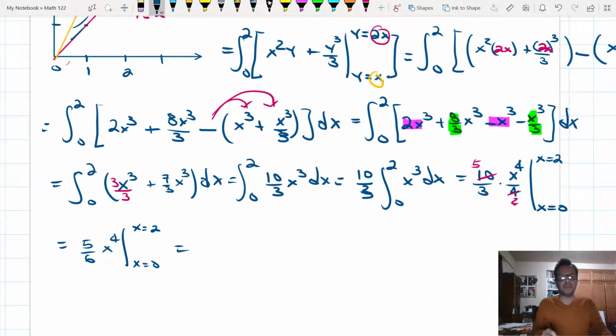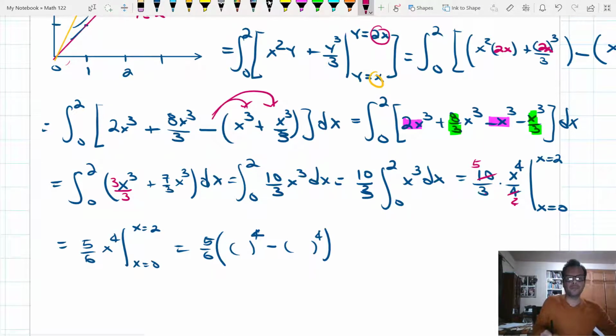Now let's apply the fundamental theorem of calculus as usual, right? So 5/6 quantity to the 4th minus quantity to the 4th. So this will be 2 for the upper limit and 1 for the lower limit.